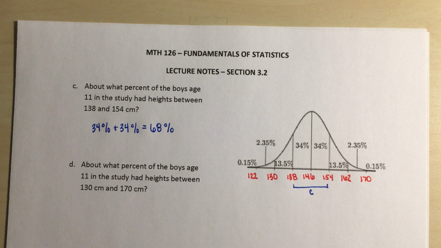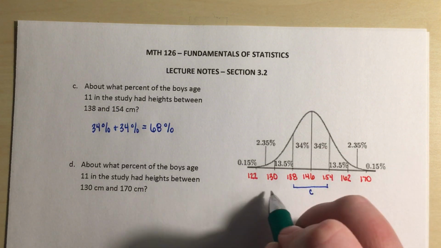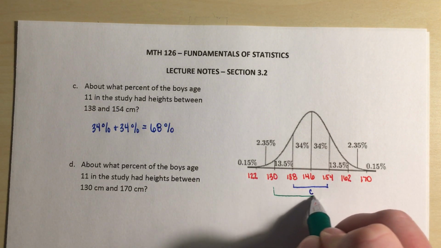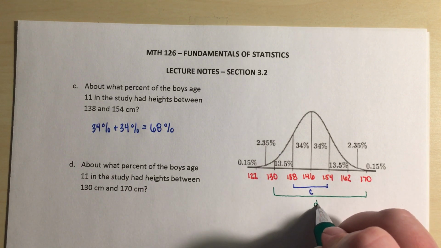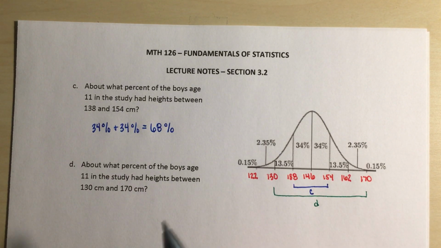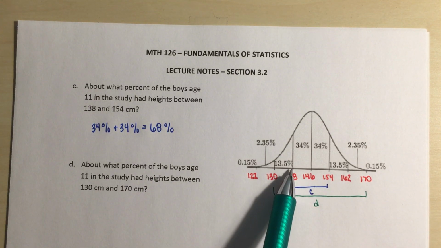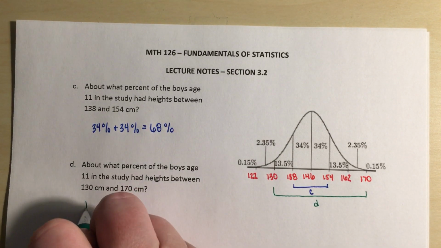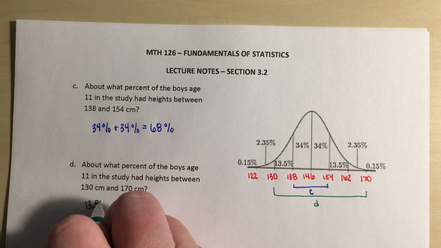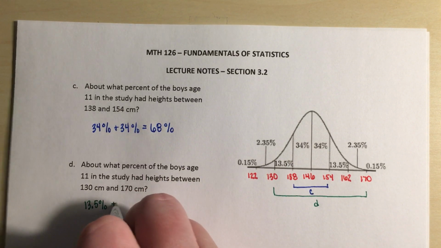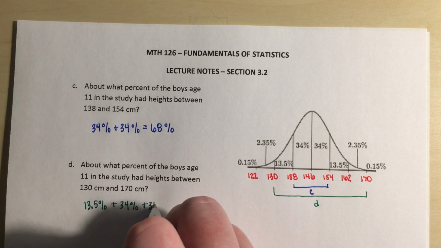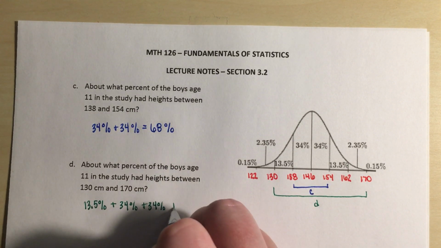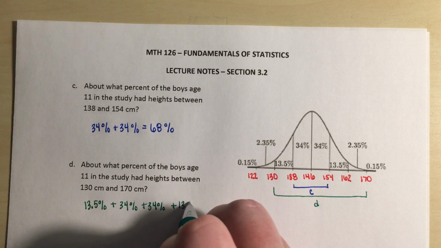Then we're also asked about what percent of the boys age 11 in the study had heights between 130 and 170 centimeters. So now we're going to look at this entire group here. We're going to do the same thing for part D and add those up. Between 130 and 138, we have 13.5%. Our next area is 34%. Then we have another 34%. Then we have another 13.5%.